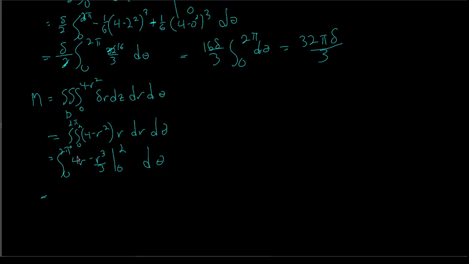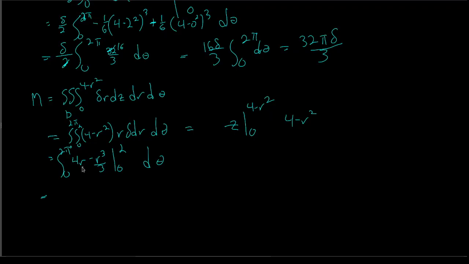Let's see. Well, let's make sure I got my integral right here. So this becomes rho z, evaluated from 0 to 4 minus r squared. 4 minus r squared minus 0. So when I do dr, 4r minus r cubed over 3.